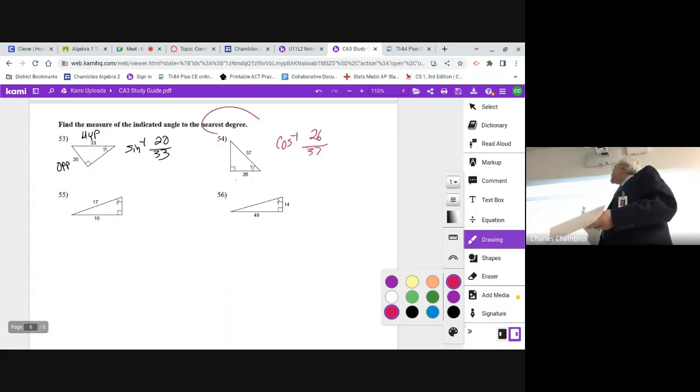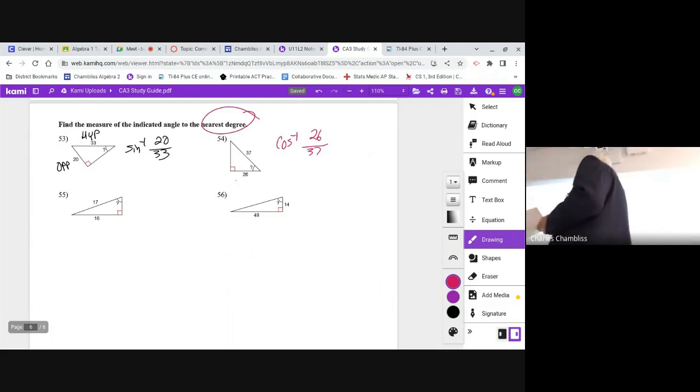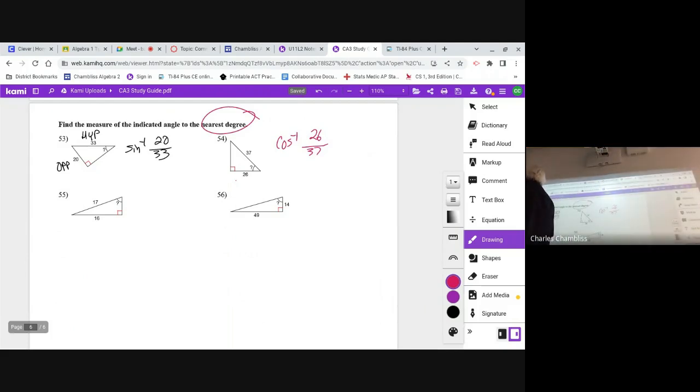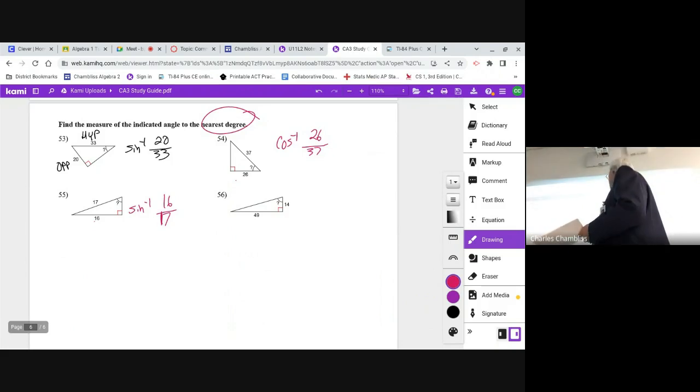And it does say the nearest degree, so when we go to the calculator, we have to make sure it's back in degree mode. Here, I've got the opposite and the hypotenuse, so this is going to be inverse sine 16 over 17. And this is opposite and adjacent, so this is going to be inverse tan 49 over 14.